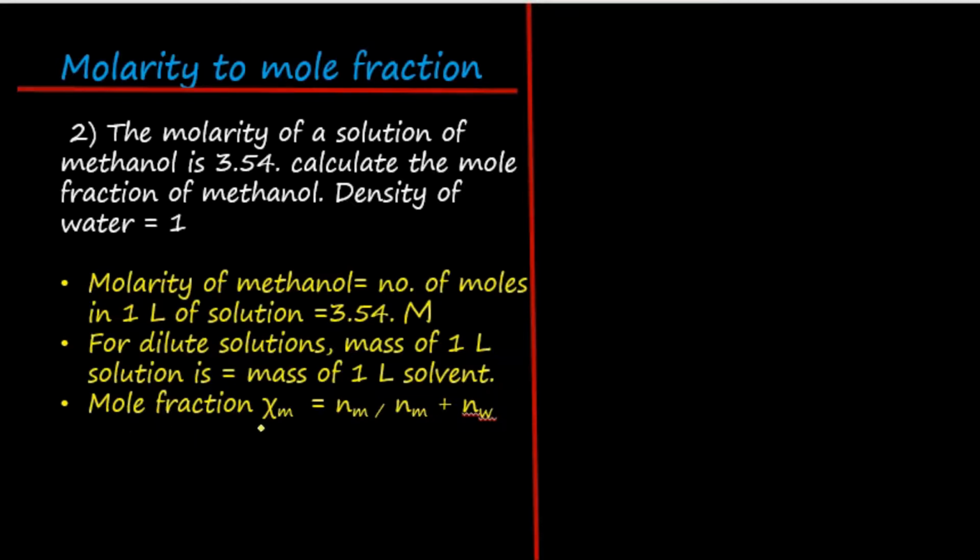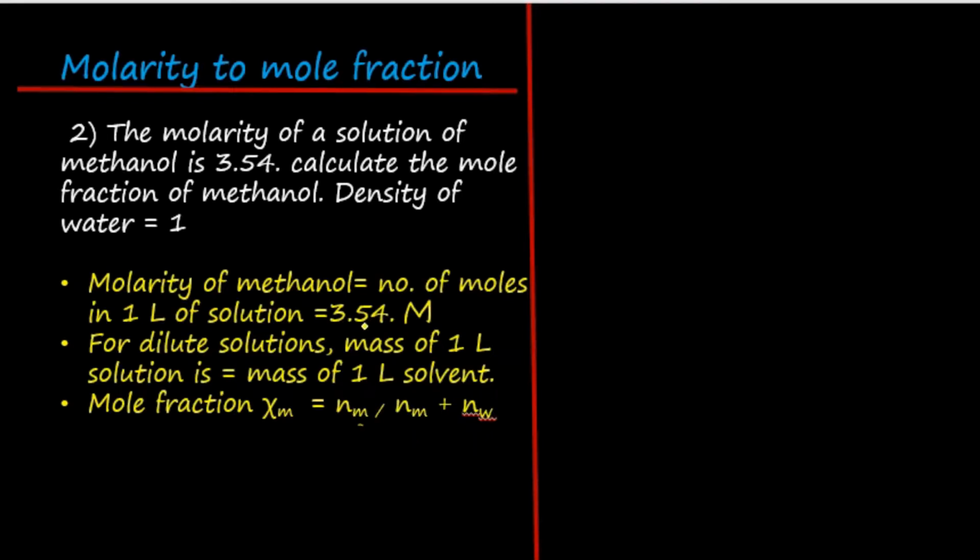Mole fraction chi m, that is that of methanol, is equal to number of moles of methanol divided by number of moles of methanol plus number of moles of water. That is the ratio of number of moles of the solute to the total number of moles in the solution.